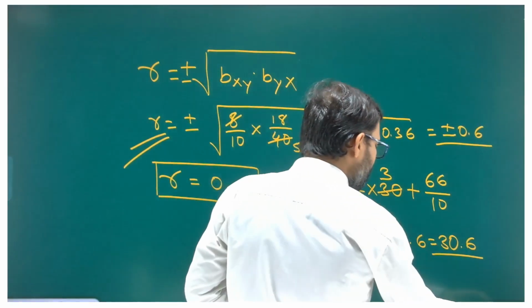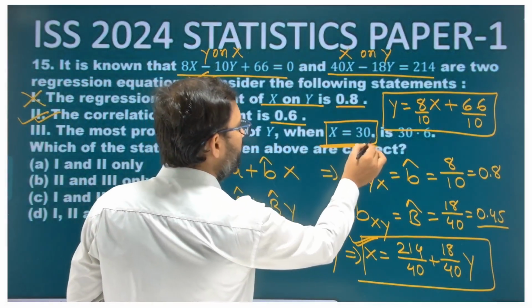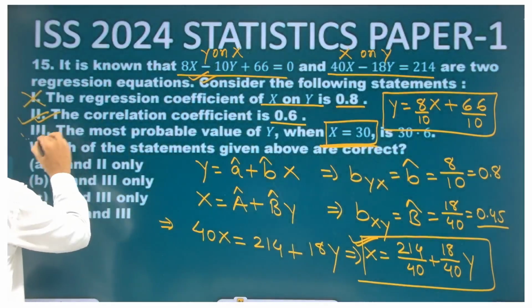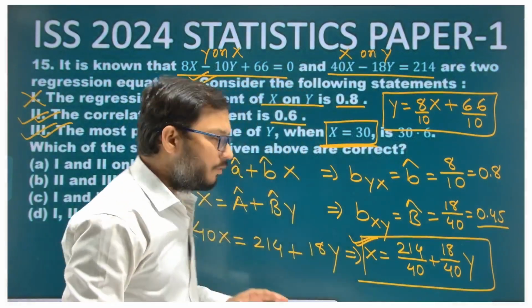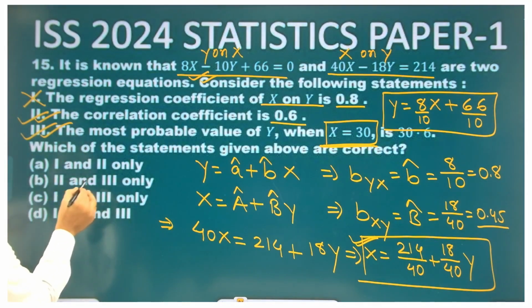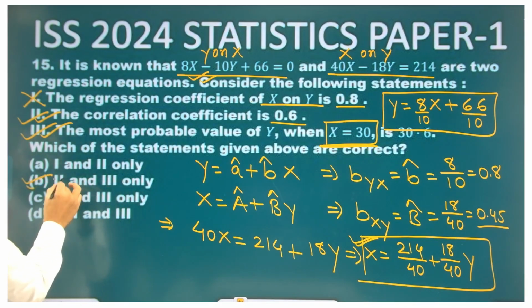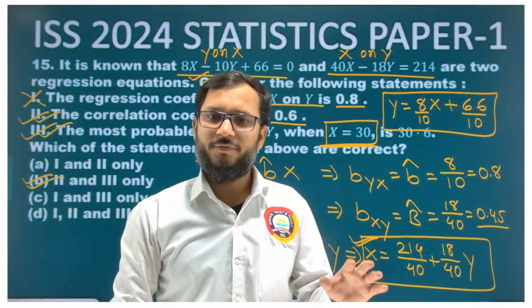The statement says the most probable value of y when x equal to 30 is 30.6, so this one is also correct. So statements 2 and 3 are correct, and option B is the correct option of this question.